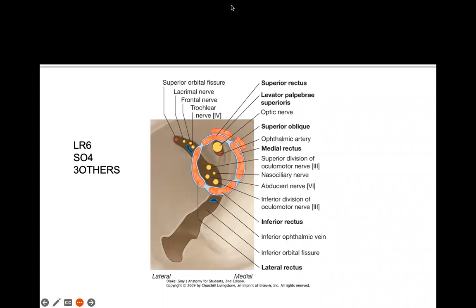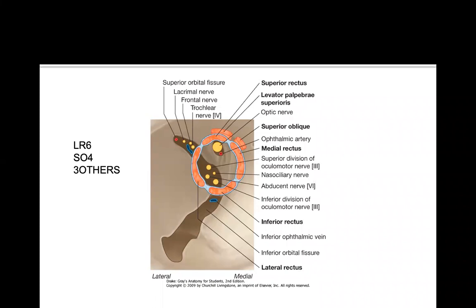Okay, let's see what somebody says. Abducent nerve, yeah. All right, so the lateral rectus is innervated by what? The abducent nerve. So that is the lateral rectus muscle.